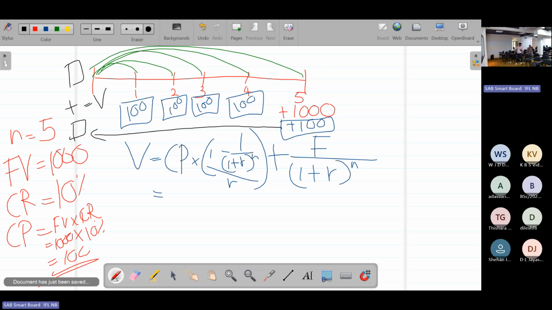Do it. Those who have completed it, go to the second one that is based on the semi-annual.